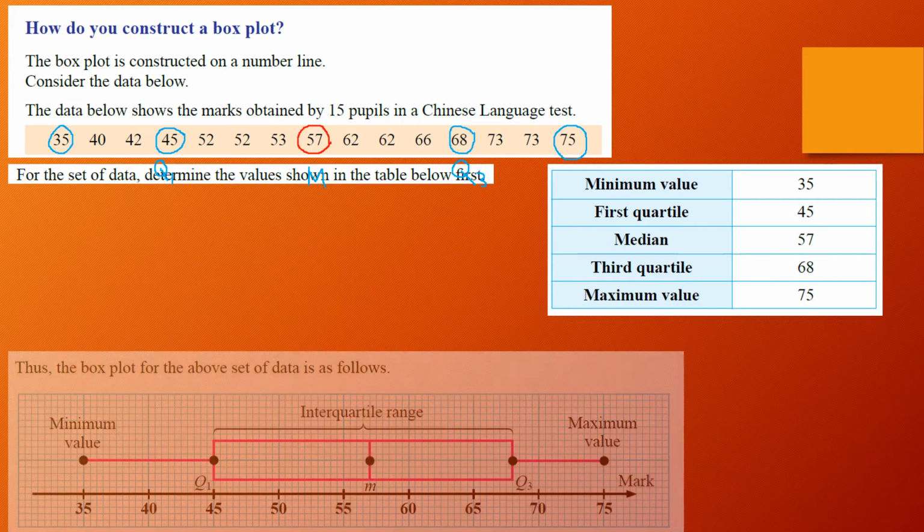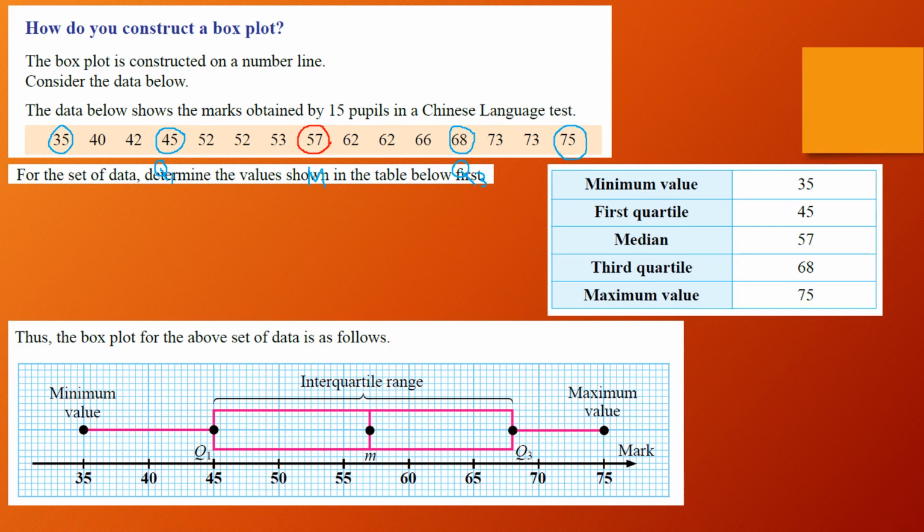So from here we can draw a box plot. First, you draw the marks, the range from 35 until 75. That means the lowest value 35 until 75.